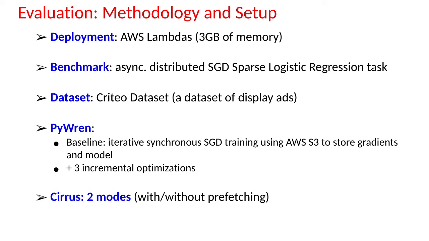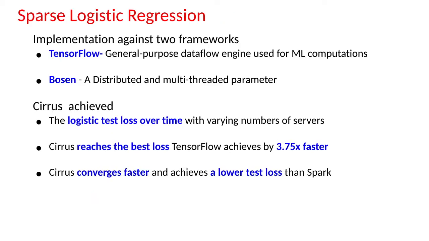As a part of the evaluation, the CIRRUS sparse logistic regression implementation is compared against two specialized frameworks for ML training: TensorFlow and Bosen. TensorFlow is a general purpose data flow engine used for ML computations. Bosen is a distributed and multi-threaded parameter server.